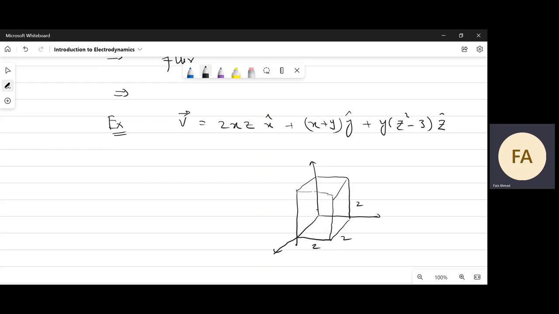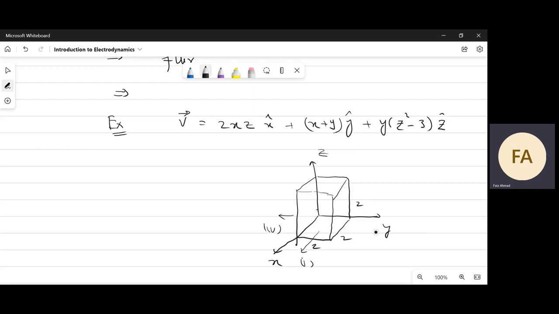So we can label the sides, if this is x, this is y, this is z. This side is on minus y, and this is labeled 4. This side is on plus x, and this is labeled 1.